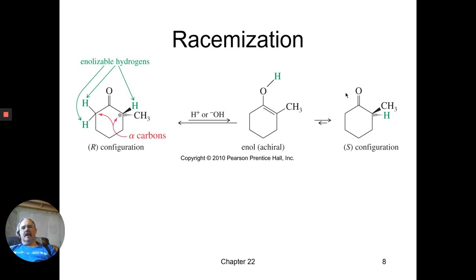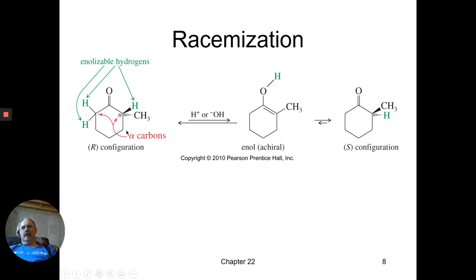Okay, because of enolate and enol formation, we can end up with racemization when we originally had an optically active starting material.